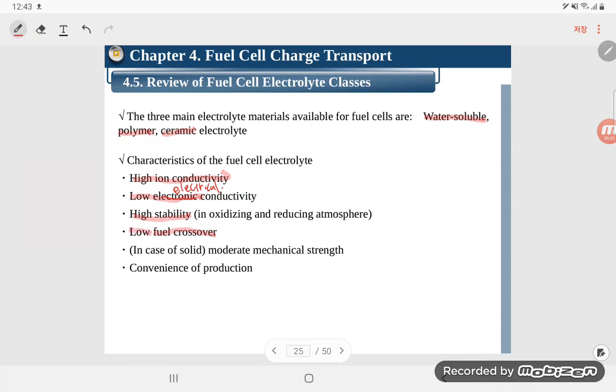And in the case of a solid, it requires moderate mechanical strength, not that brittle, and it should have high tensile stress. Elongation to breakage is also an important mechanical property for the electrolyte membrane, along with convenience of production and low cost.